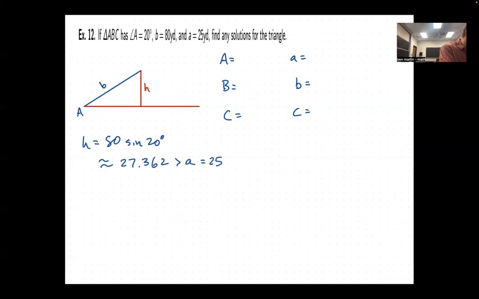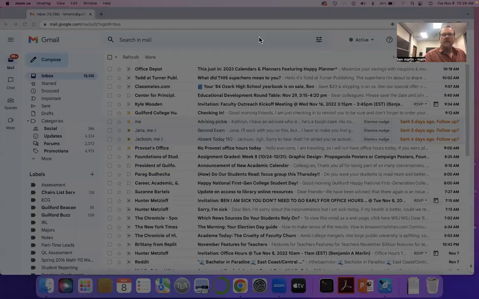And so that says that, like before, you've got this situation where you tried to draw this extra side, but it just wasn't long enough to actually work out. And so this is your H in red there. And if that should happen, then you say no solution.